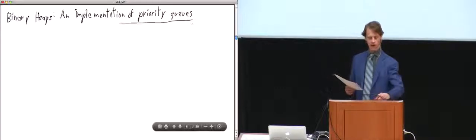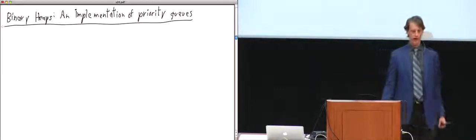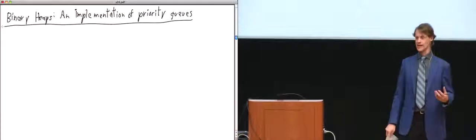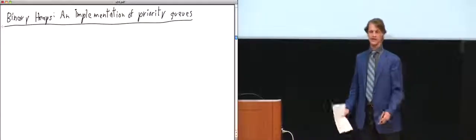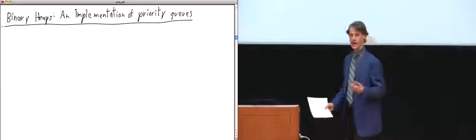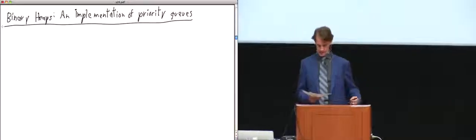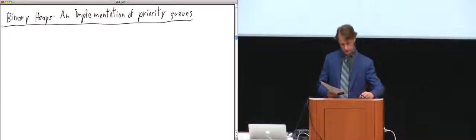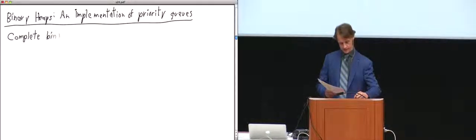This is definitely not the only way to implement a priority queue, but it is a particularly fast one, and it gives you a sense of data structures and the kind of thinking that can go on to make fast algorithms for doing operations like this. So a binary heap stores all the items or all the entries as a complete binary tree.